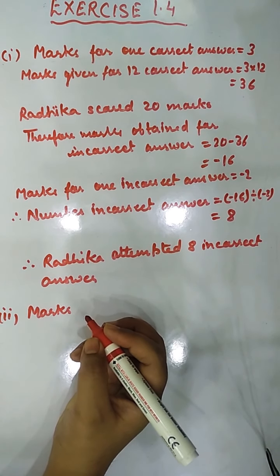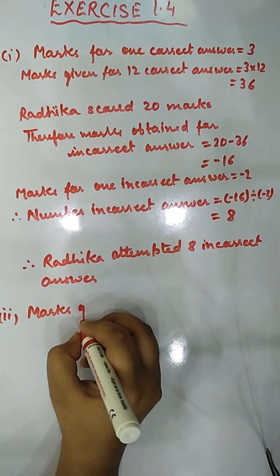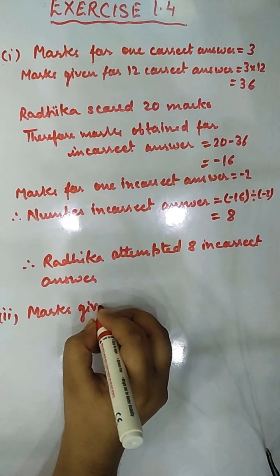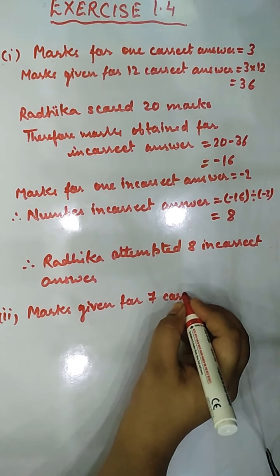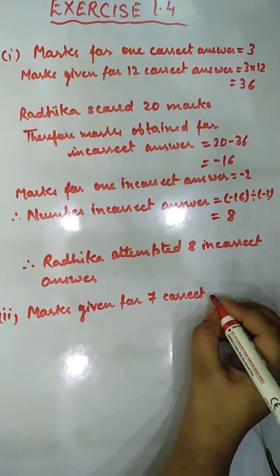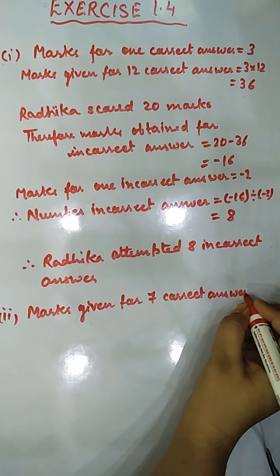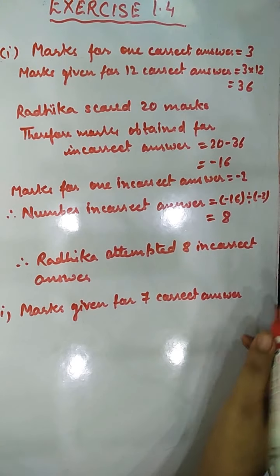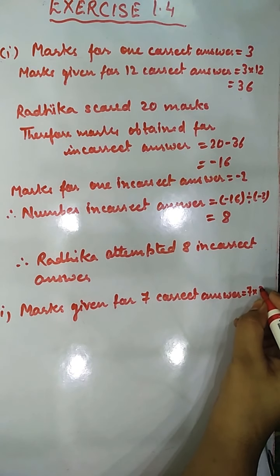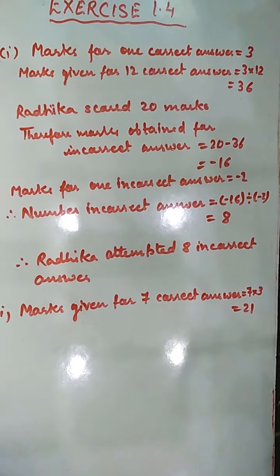I think 7. Yes, 7 correct answer. So marks given for 7 correct answer, 7 into 3. That is 21.